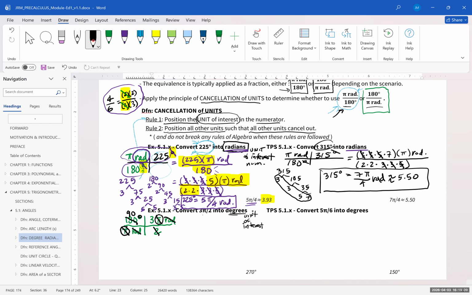So we've got a lot of cancellations done. So all we have left is 90 times 3 in the numerator, and everything in the denominator has been canceled. So that just leaves us with 1. And 90 times 3 is 270 degrees. So 3 pi over 2 radians is equal to 270 degrees.